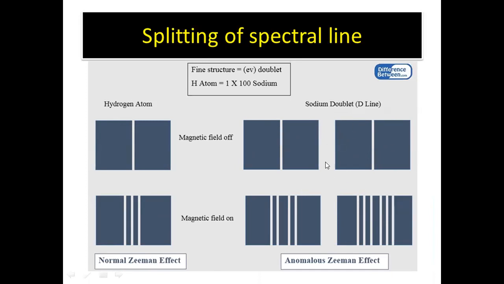That is, in the case of the anomalous Zeeman effect, a single line is split into more than three lines, such as four lines or six lines. And in the case of the normal Zeeman effect, the single line is split into three lines if we apply the magnetic field. Let's go on to the interaction energy for the normal Zeeman effect.